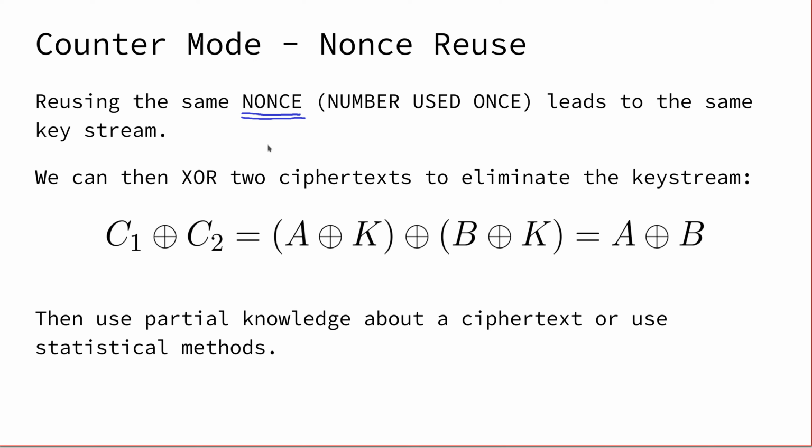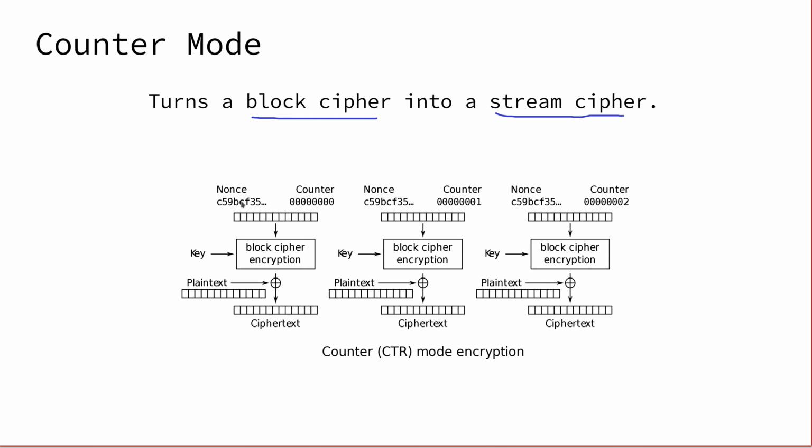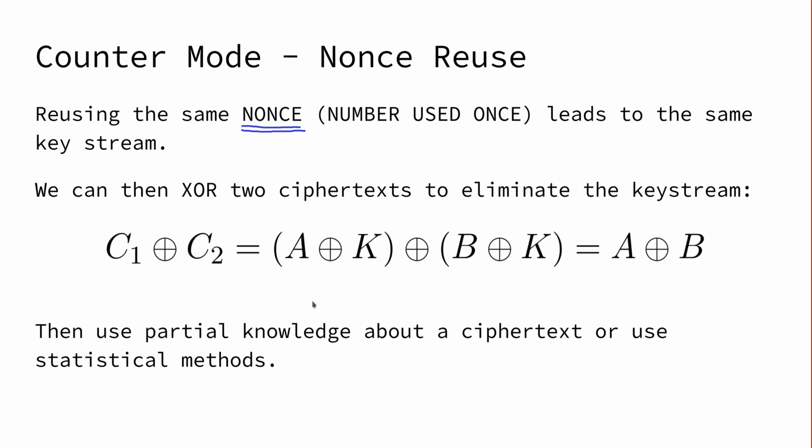So these nonces have to be generated randomly and can never repeat. Why is that? If we have the same nonce and the same key in the encryption, we would have the same key stream.